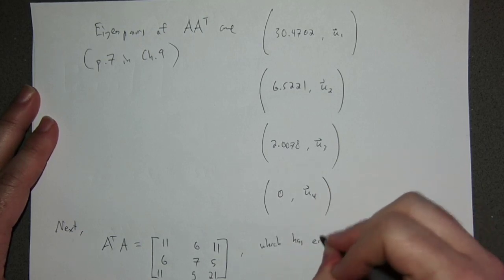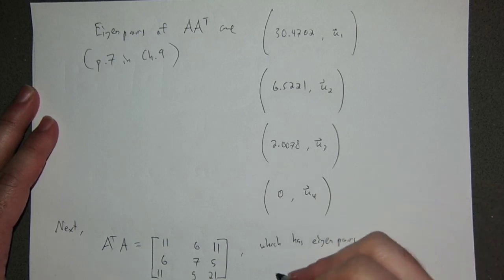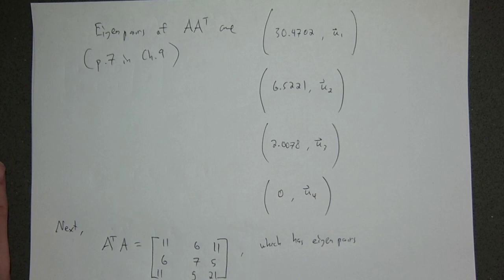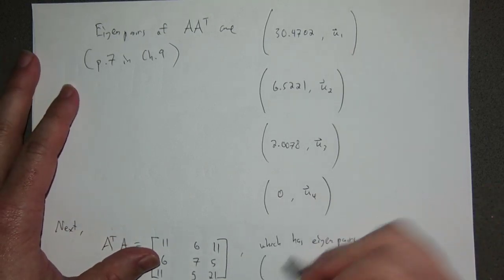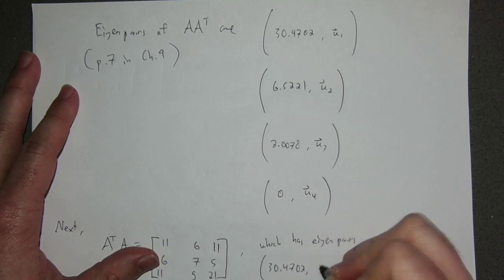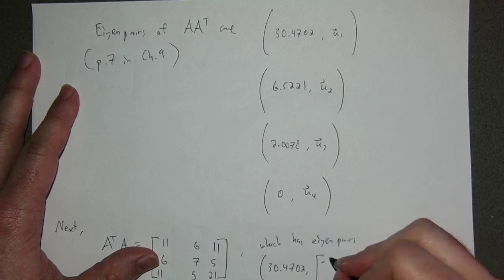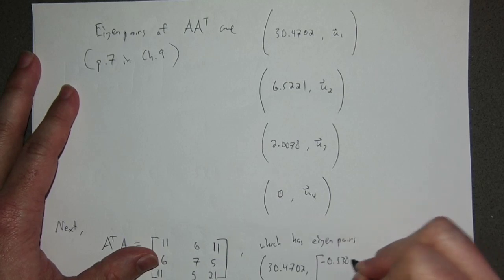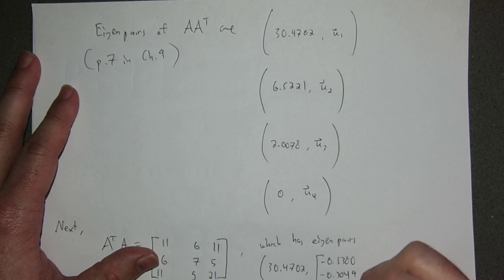Which has eigenpairs. These are more writable. So the eigenpairs are 30.4702, and the associated eigenvector is minus 0.5380, minus 0.3049, and minus 0.7859.